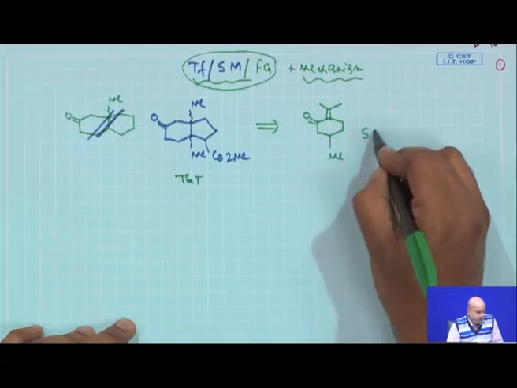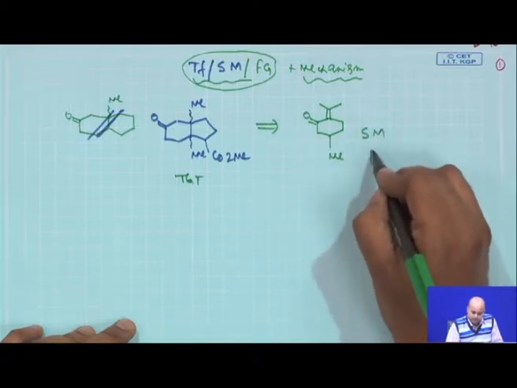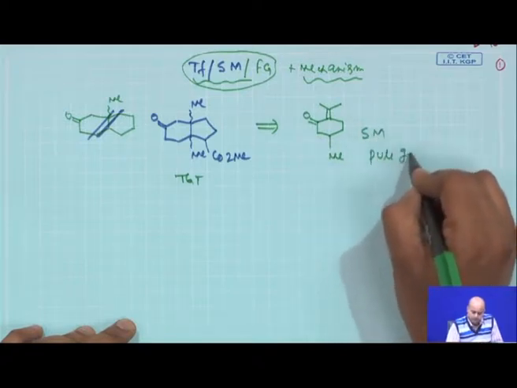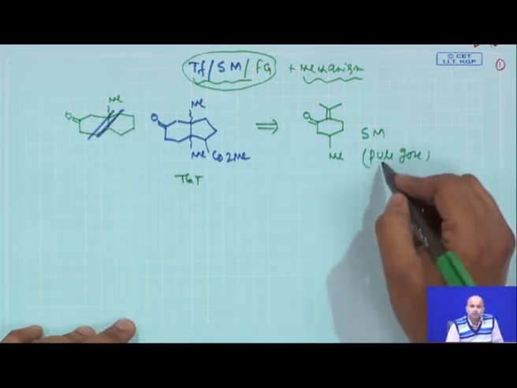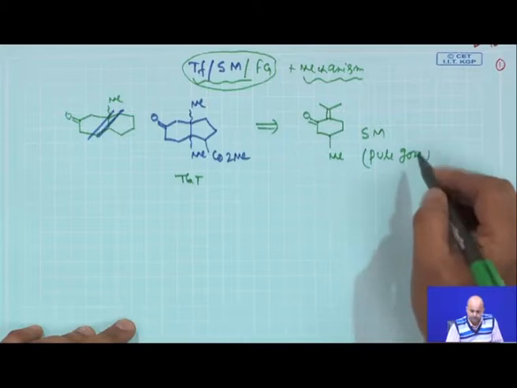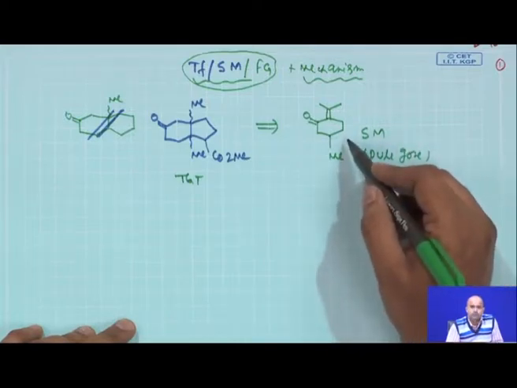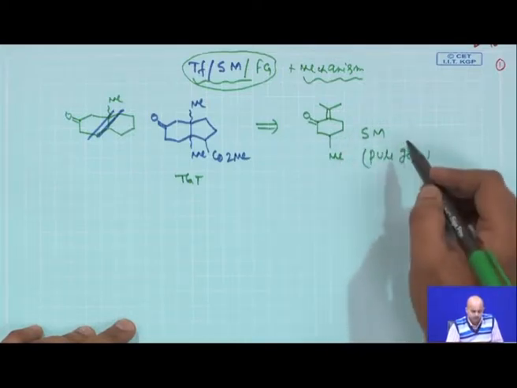This starting material is named polygodial, an easily available raw starting material or raw feedstock. So, basically it is a C10 carbon containing molecule, a terpenoid.